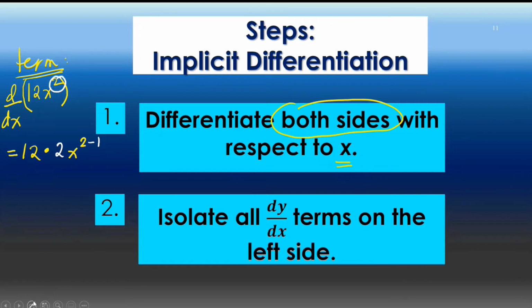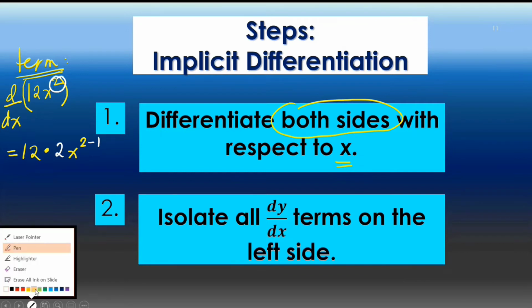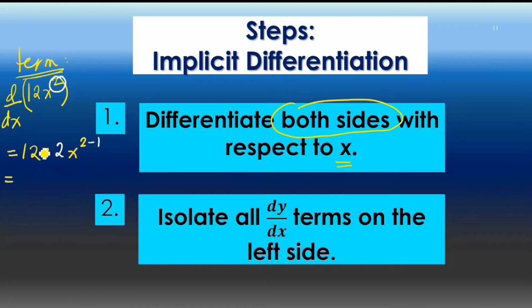This is what we do. Let us simplify our answer. 12 times 2 is 24, then x raised to 2 minus 1, so simply x. So this is the derivative if we see 12x squared on either side, or even if we have a term with x variable. We're just going to apply the rules.